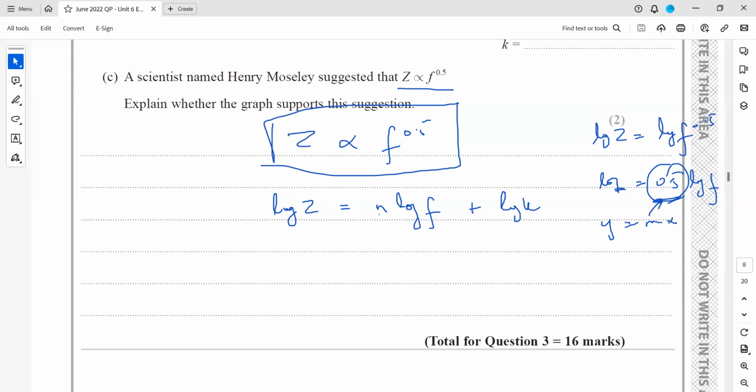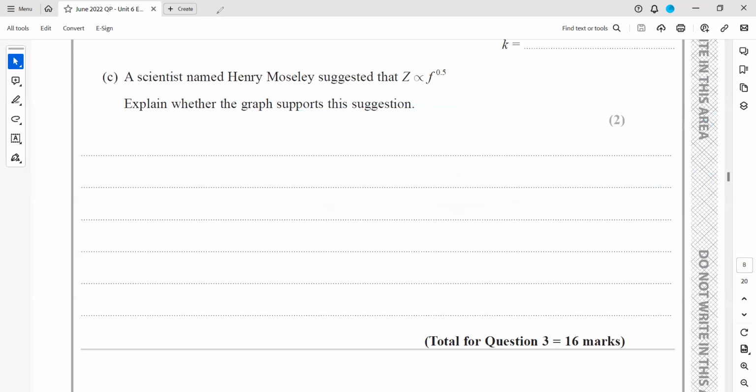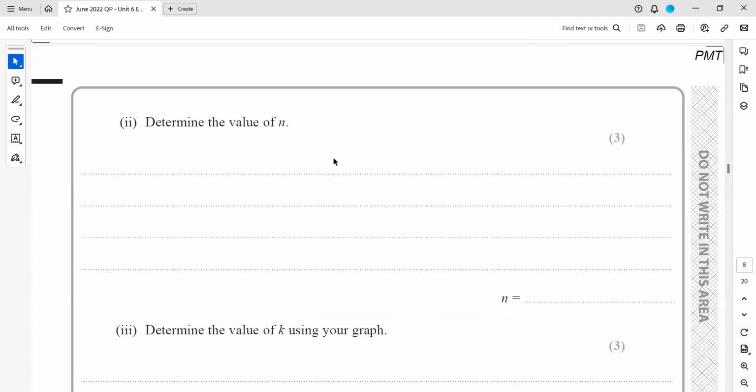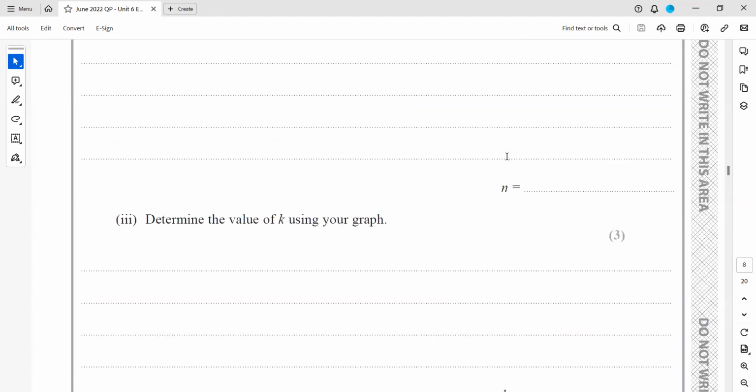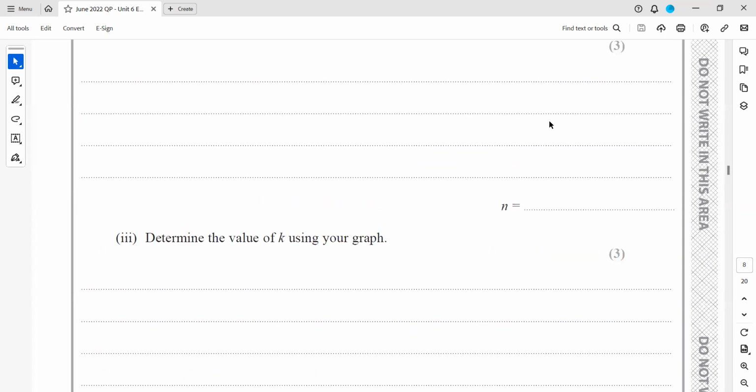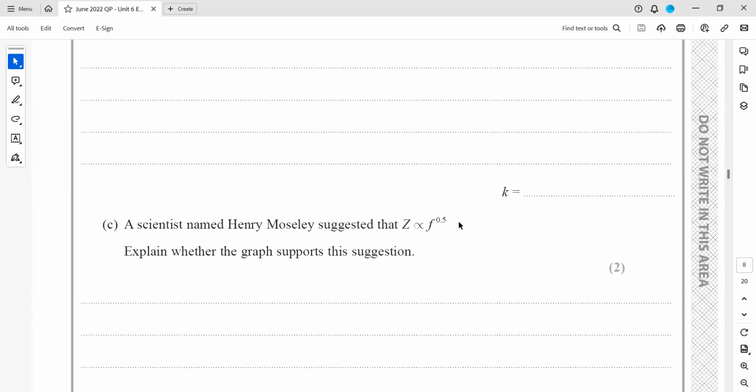After working out the gradient, you have the value of the gradient, n, here, and 0.5 is there. You have to compare the value of your gradient, or n, with this 0.5. If you find that the gradient is 0.5 or within that range, then you will say yes, the graph supports the scientist's suggestion.